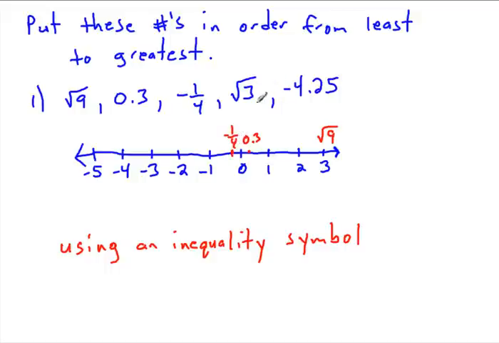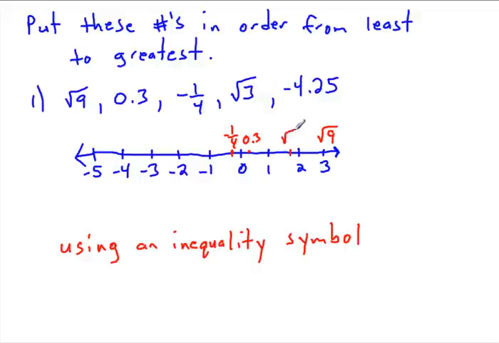And then we have square root of 3. Now I don't know exactly what that is, because it's not a square number. But since the square root of 4 would be 2, and the square root of 1 would be 1, it has to be somewhere in between 1 and 2, and it's probably closer to 2.